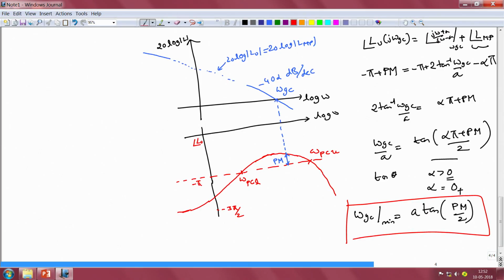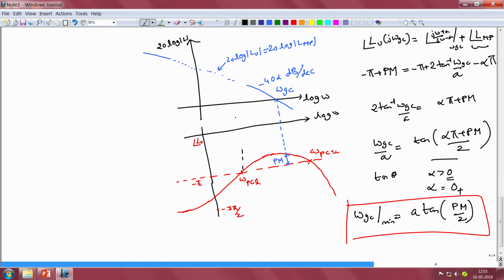So, in the case that we considered here, we assume alpha to be very close to 0, and for this case the gain margin is going to be also close to 0 dB. Now, for the kind of Bode plot that the unstable system possesses, we note that there are two gain margins.